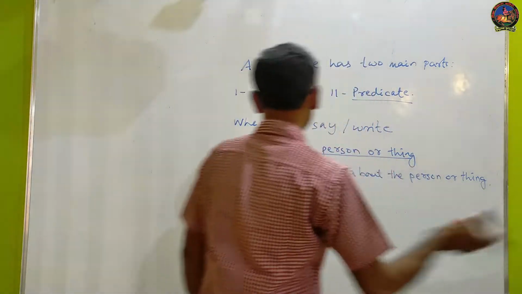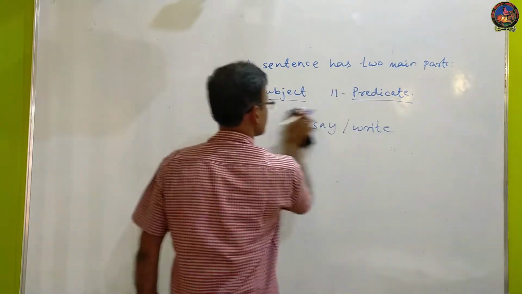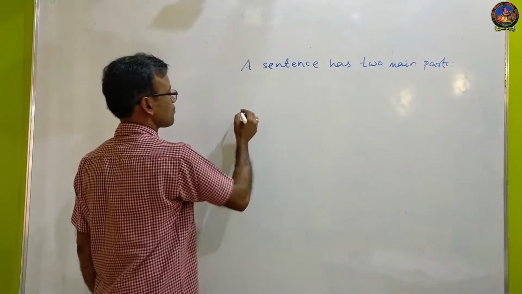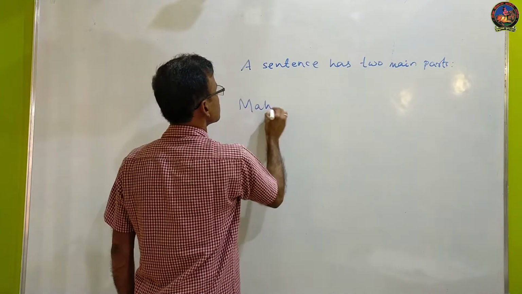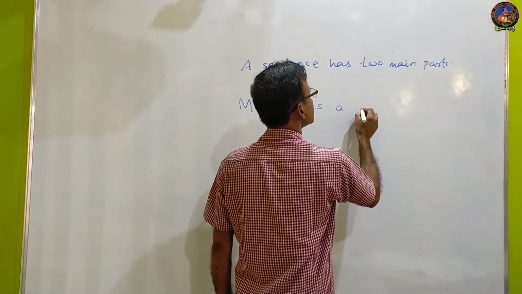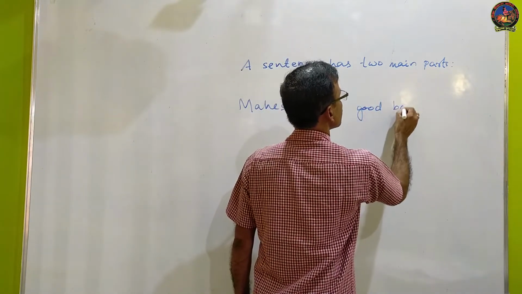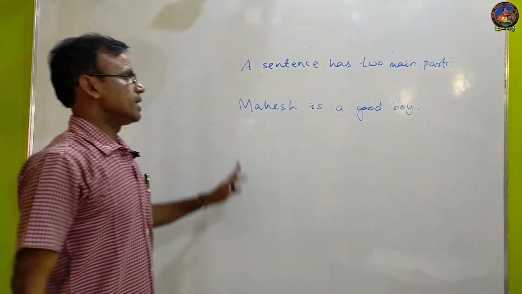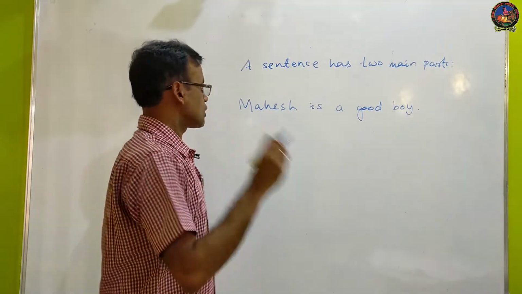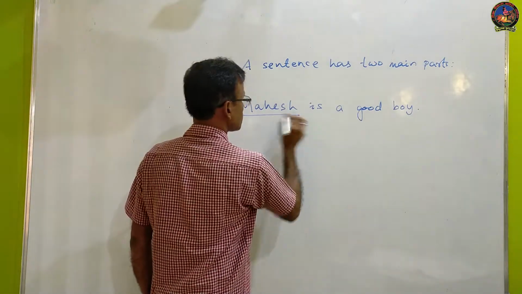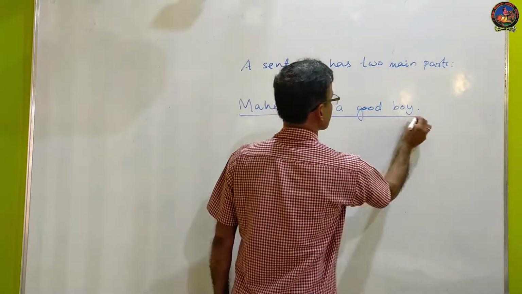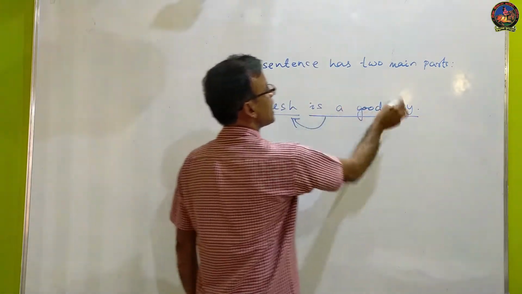Take for example, Mahesh is a good boy. In this sentence, the speaker named the person, that is Mahesh, and said about Mahesh that he is a good boy.